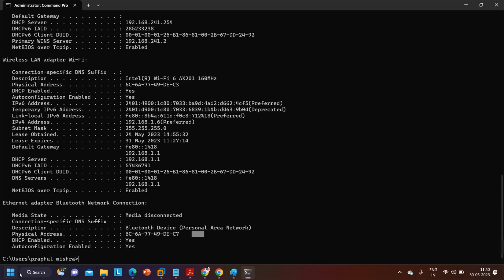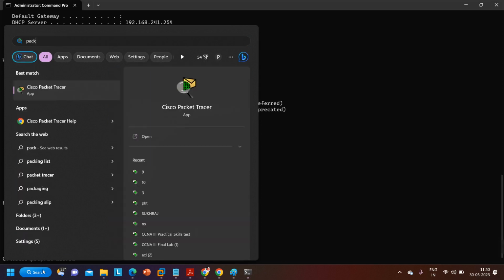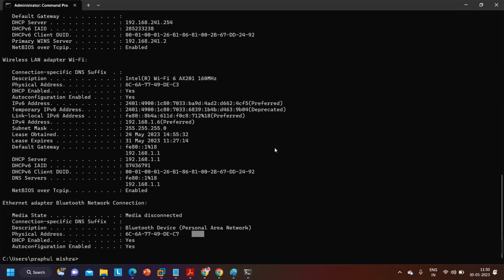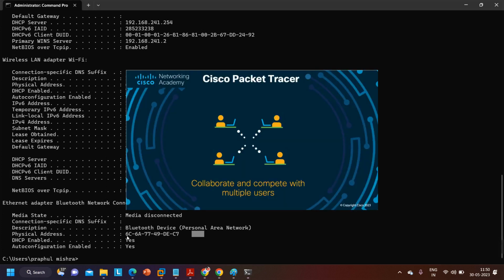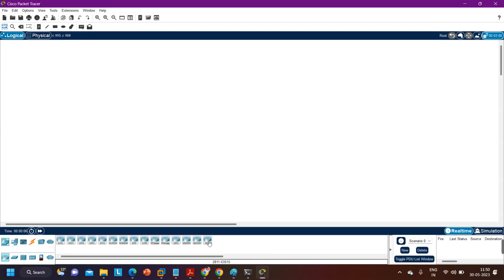If I will talk about the Cisco representation, so let me take you on packet tracer. Yes, MAC address will be always of 12 characters, and representation can be anything. Like if I will take one router over here, and one switch as well, and I am connecting it.